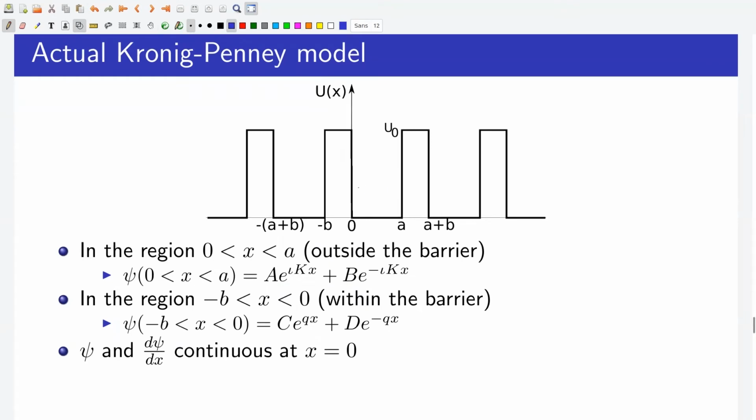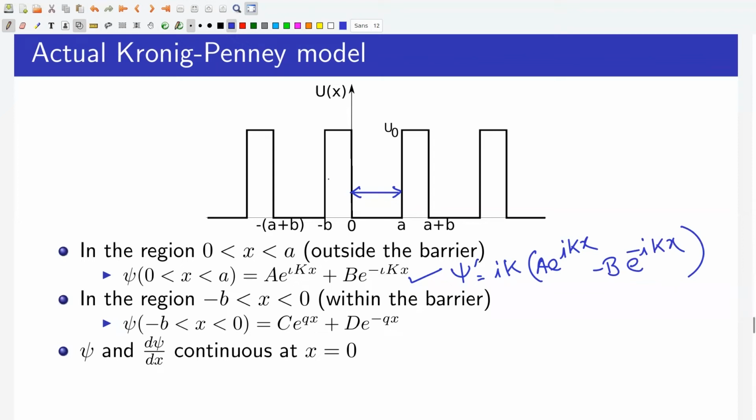In the region between x equal to 0 and x equal to a, the wave function is A e power ikx plus B e power minus ikx. Thus, the first derivative of the wave function is ik times A e power ikx minus B e power minus ikx.